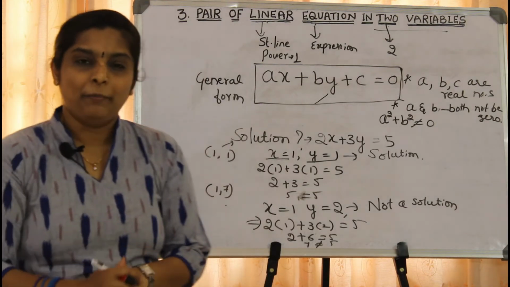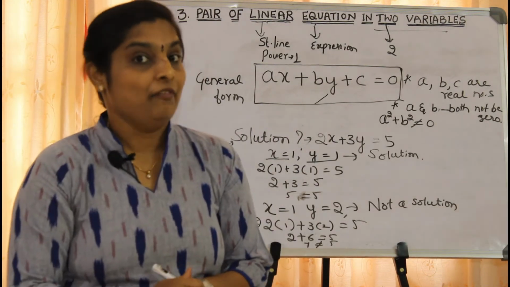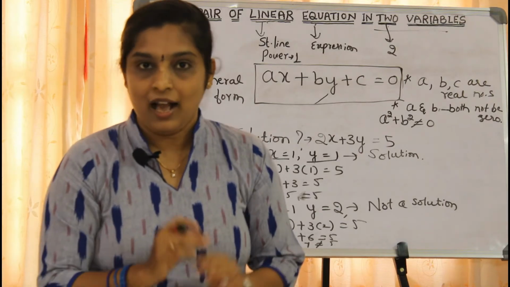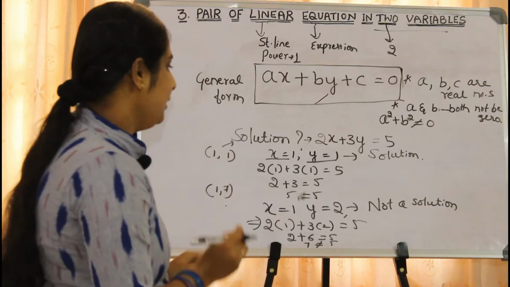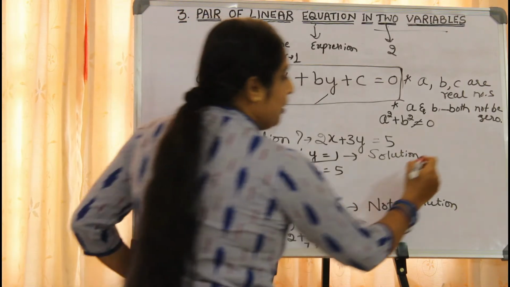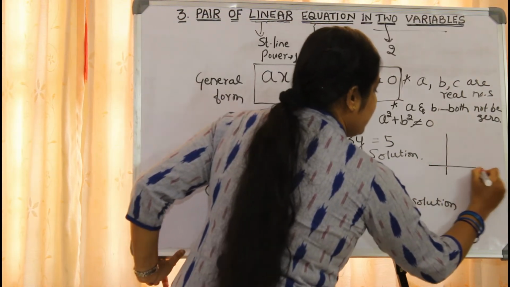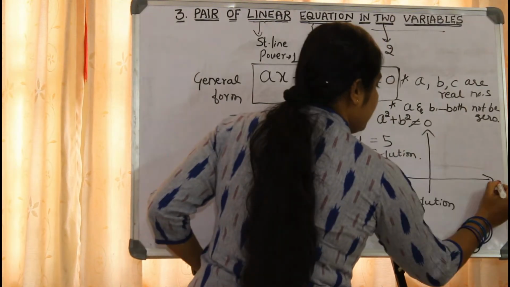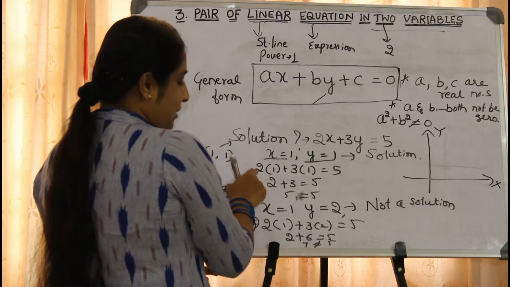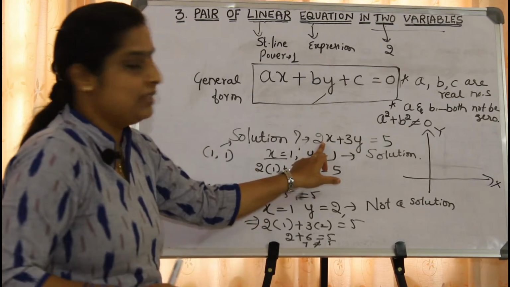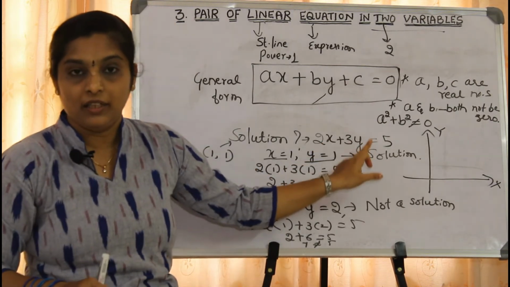So how to represent these linear equations graphically? Do you remember last year in 9th standard you represented the equations graphically? Let us do a small demo here. So this is x and this is y, and let us try to draw the graph of this very equation 2x plus 3y is equal to 5.